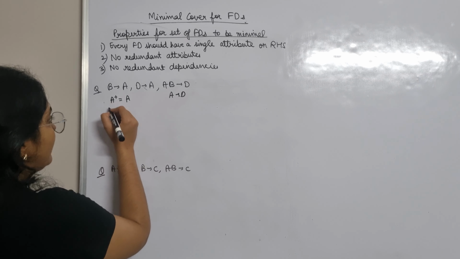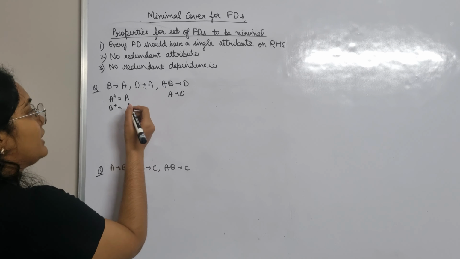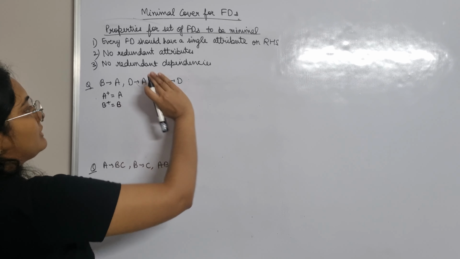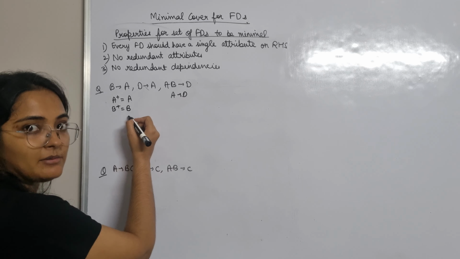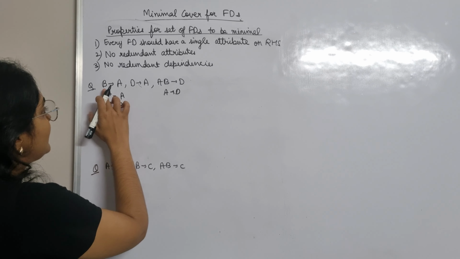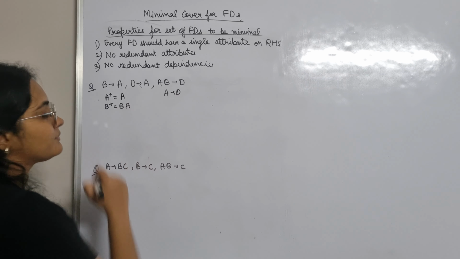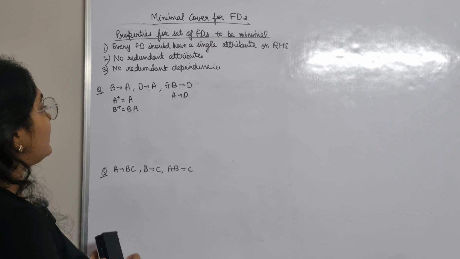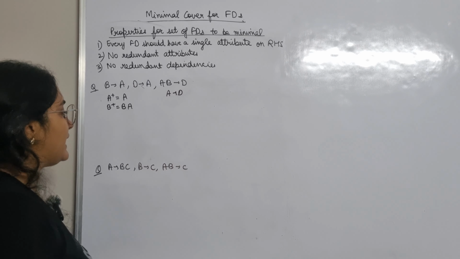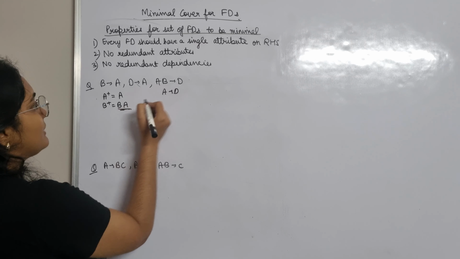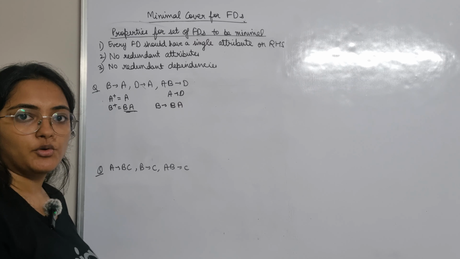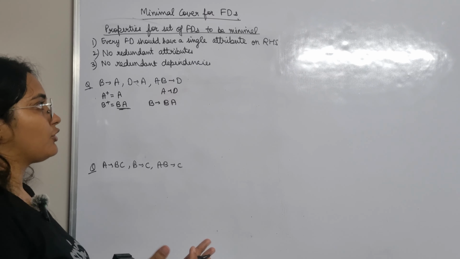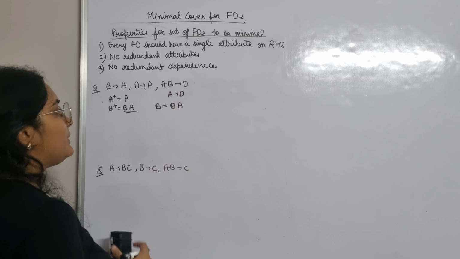Okay. Now find out the B closure. If we remove this dependency, what does B give? B determines B by the reflexive rule. B determines A also. So if B determines A by itself, it means that B can determine BA, or B determines AB.